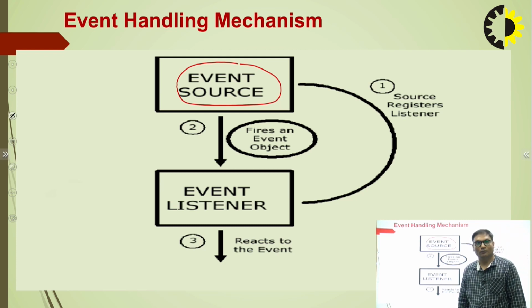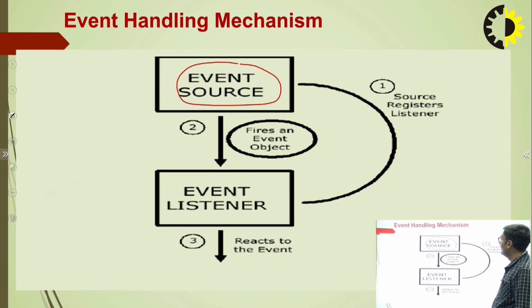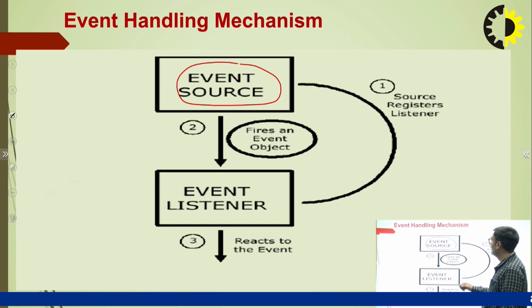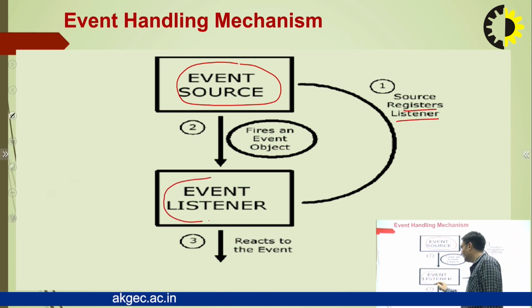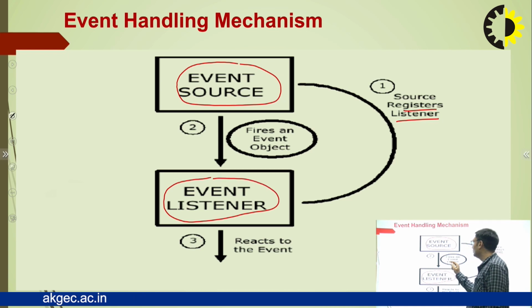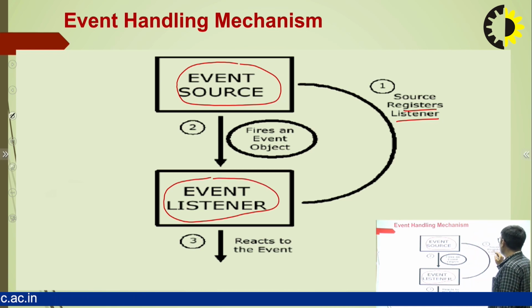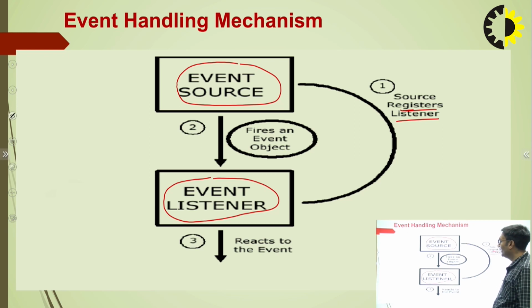It can be mouse, keyboard, checkbox, etc. And this event source will be registered with a listener class. There is a class known as an event listener. So this source must be registered first with the event listener.